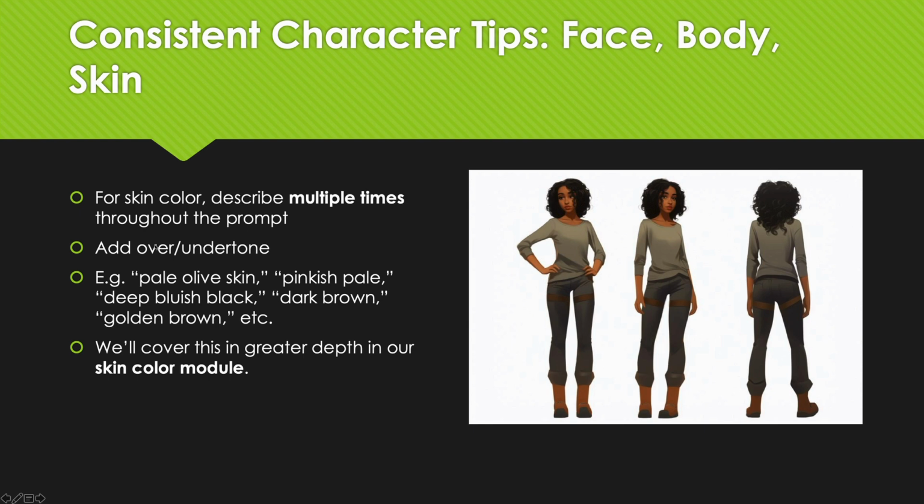The overtone is basically the color like brown, tan, black, pale, white, and then the undertone would be things like olive, pinkish, golden, reddish, bluish. Those are the undertones. We're going to cover this in much greater depth in our skin color module.